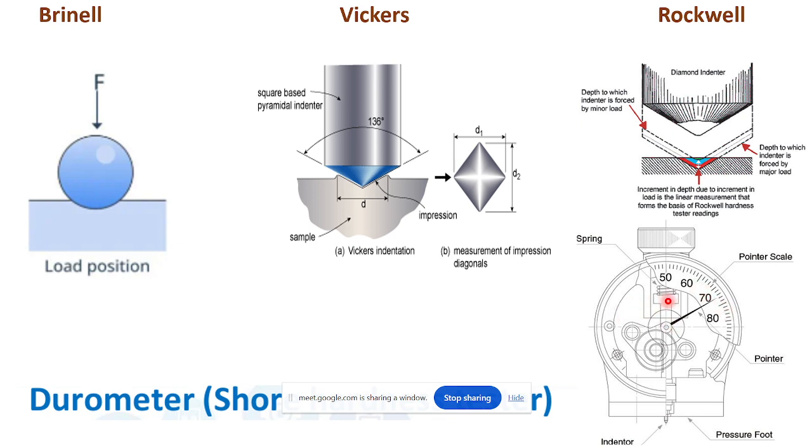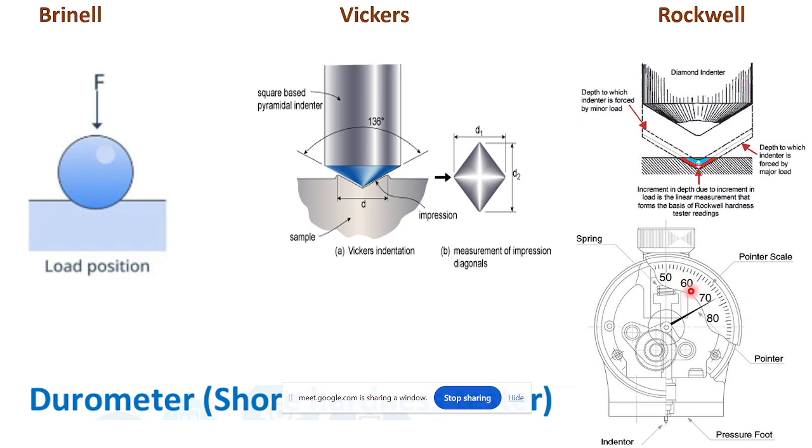Now from the hardness, you can predict what will be the tensile strength. Now if you have experience, otherwise you cannot predict. If anybody has experience that, okay, for NR, if I am getting hardness around 60 to 63, I will get tensile strength around 160 or 170 megapascal.